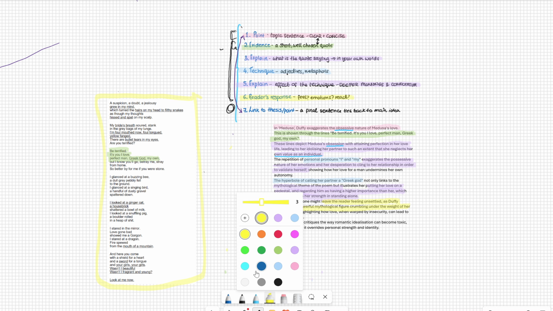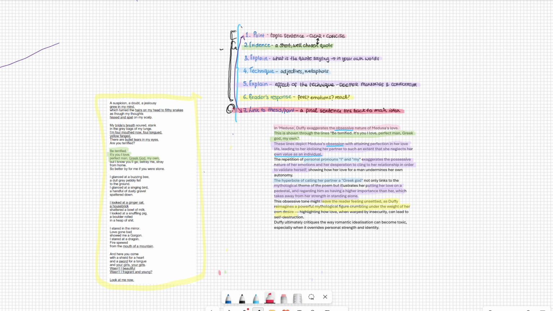And the very last thing they do to wrap up their paragraph is they link to the thesis or point. So it says, "Duffy ultimately critiques the way romantic idealization can become toxic, especially when it overrides personal strength and identity." So not only have they linked back to this topic sentence, they have also added in that this happens when it overrides personal strength and identity.